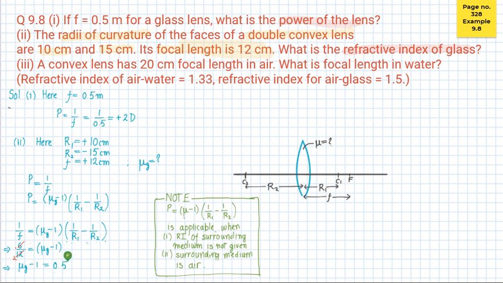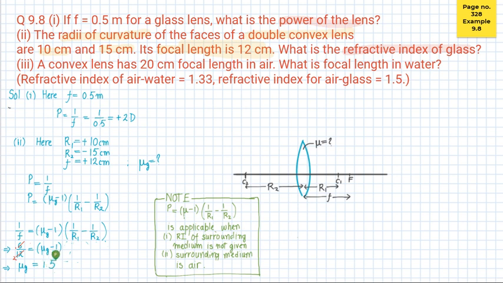Now, if I take this minus 1 to the other side, then minus will become plus. So 0.5 plus 1 is how much? 1.5. So I can write down equals to 1.5.